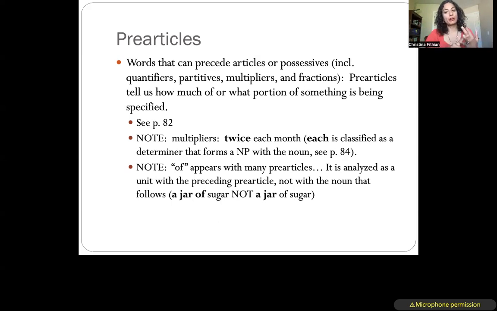A cup of, a jar of, a tablespoon of, 3/4 of. Notice that of follows a lot of these measurements and fractions. And we're going to keep of as a constituent with the preceding prearticle as we have here, okay, or the preceding noun, not with the noun that follows it.